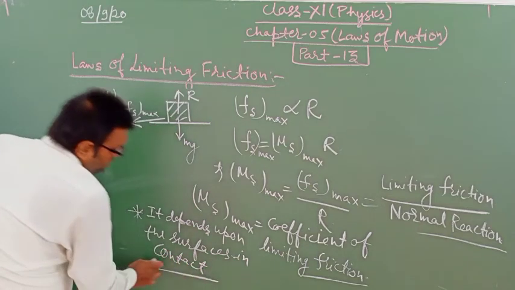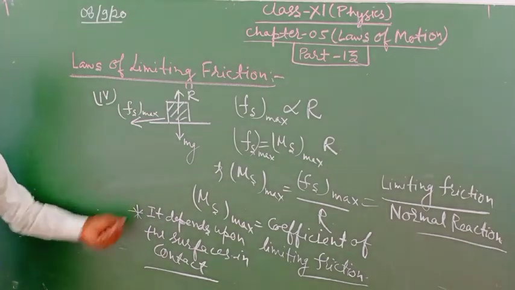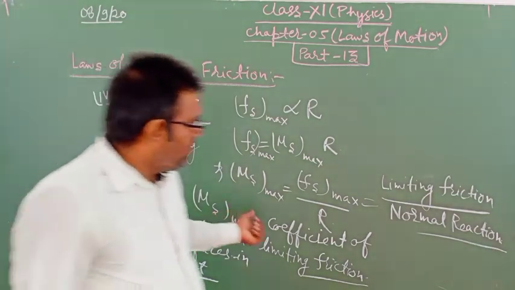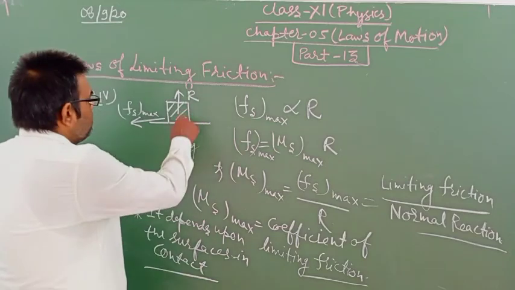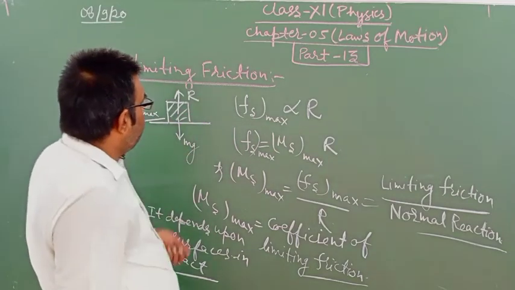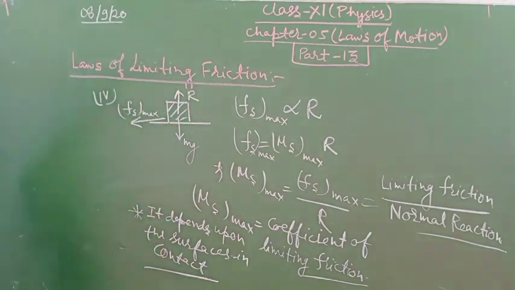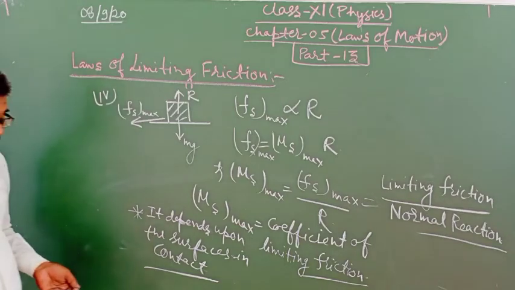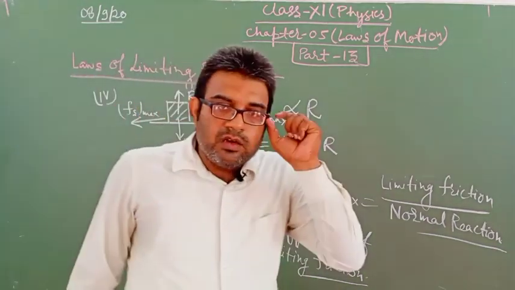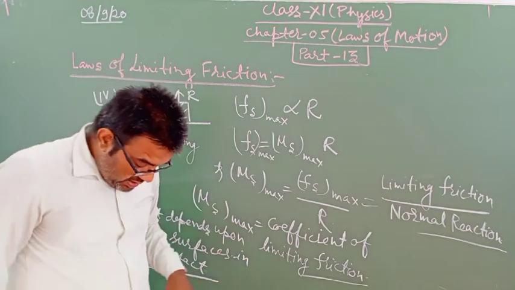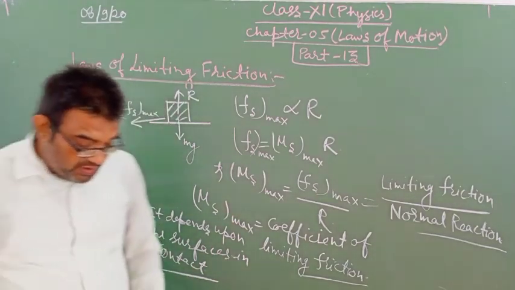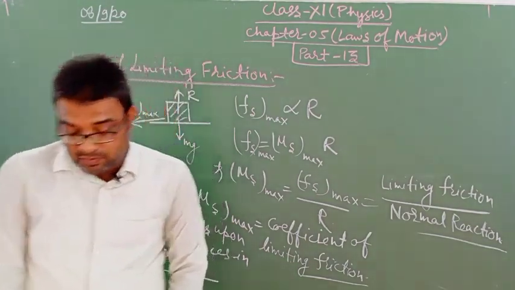The coefficient of limiting friction depends upon whatever two surfaces are in contact. Now, dear students, we will discuss some basic numericals based on the coefficient of limiting friction. Then we will discuss the angle of friction and angle of repose.